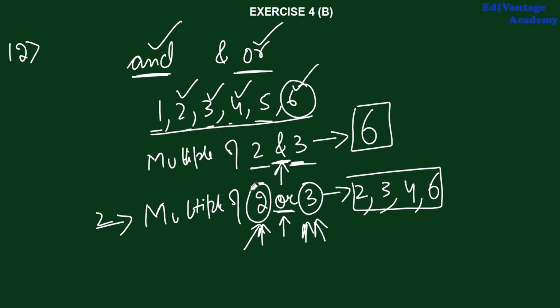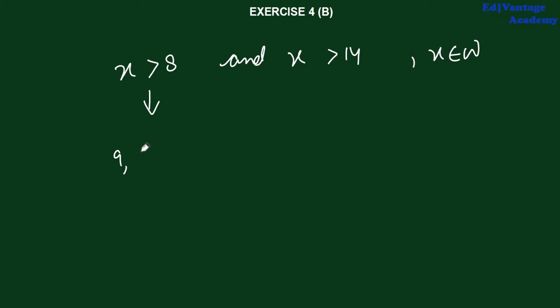Keeping this in mind, one more example to understand this: let us say x is greater than 8 and x is greater than 14. If x is greater than 8, and let us say x belongs to whole numbers, the values in the solution set would be 9, 10, 11 and so on. But for the other, it would be x as 15, 16, 17 and so on.